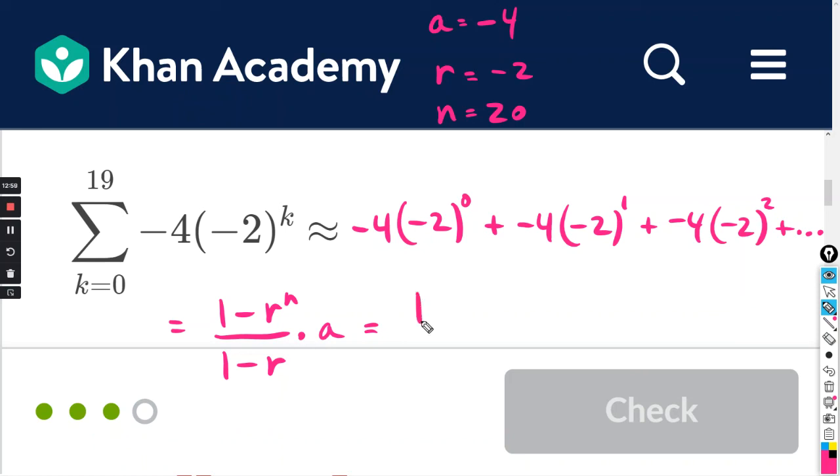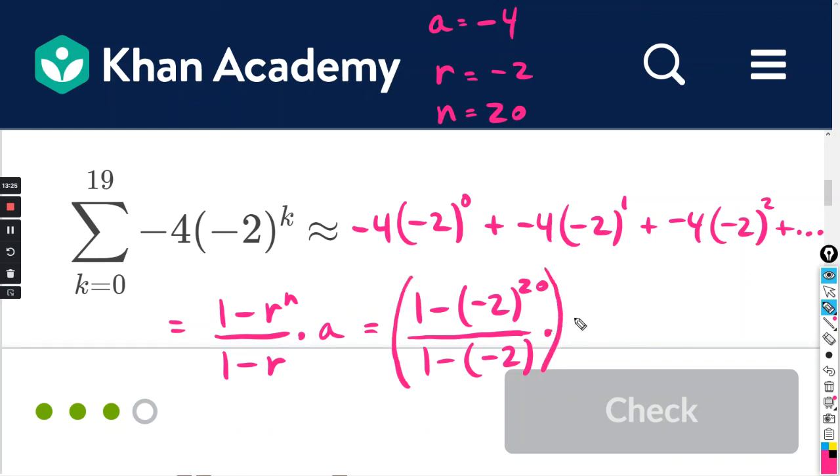We have 1 minus r, which is negative 2, to the power of n, which we said was 20, divided by 1 minus r, 1 minus negative 2, and then that whole thing is times a. So this whole thing is times negative 4.